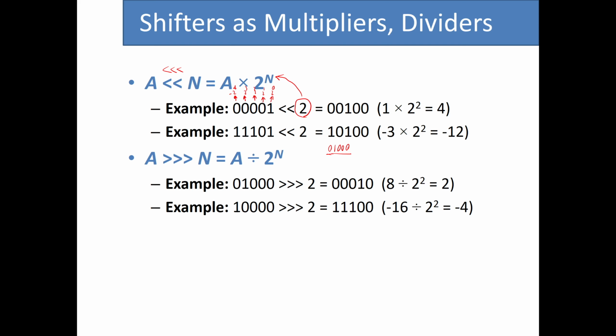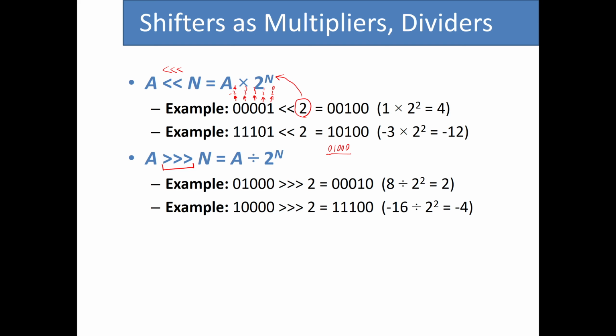For the right shift to make sense, you definitely need to use the arithmetic right shift, especially if you want to keep the sign intact. Because for the arithmetic right shift, we copied the most significant bit, or the sign bit, into the empty places.